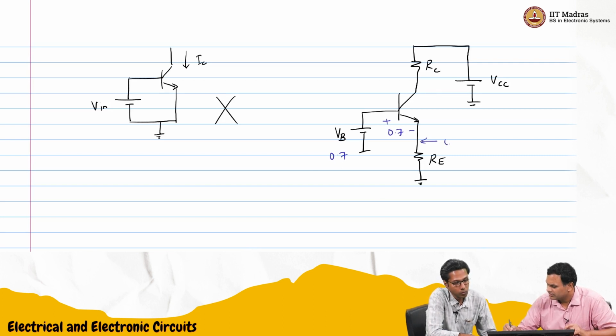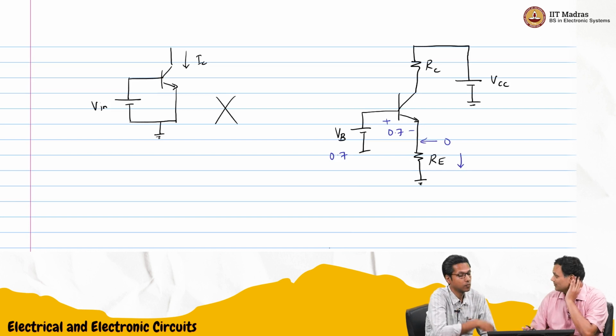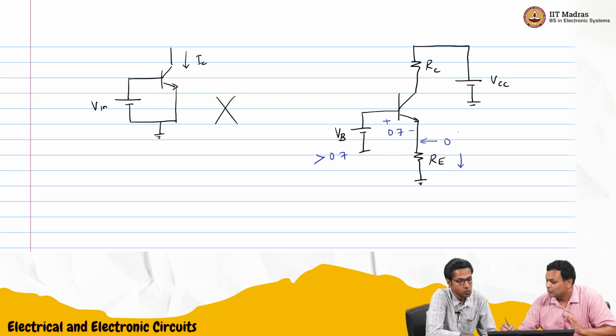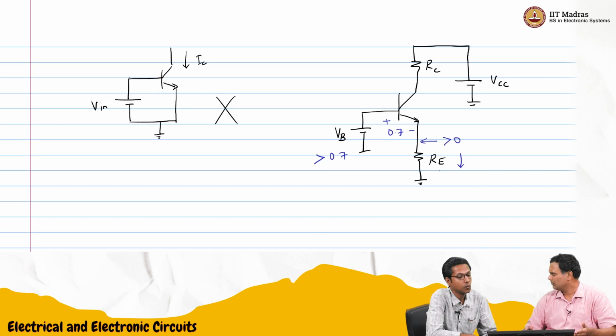But then this voltage is 0, so no current will flow. So this is also not good. I probably need to choose VB greater than 0.7. Then this will not be 0, this will be greater than 0. Then some current will flow.